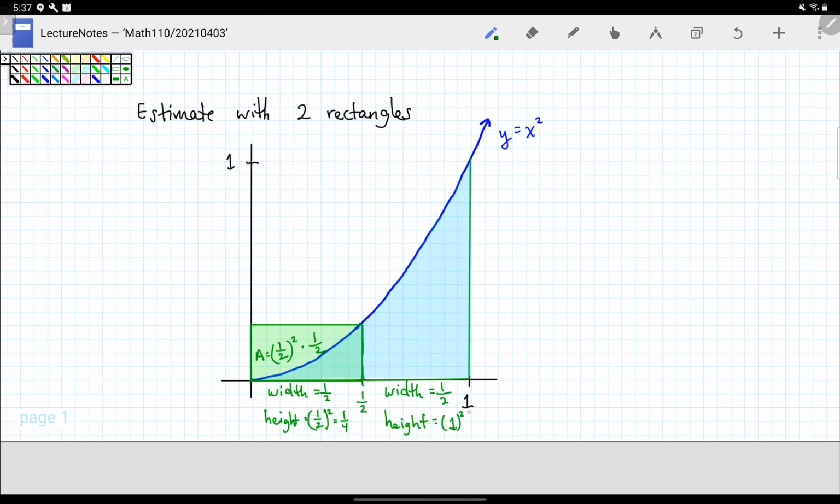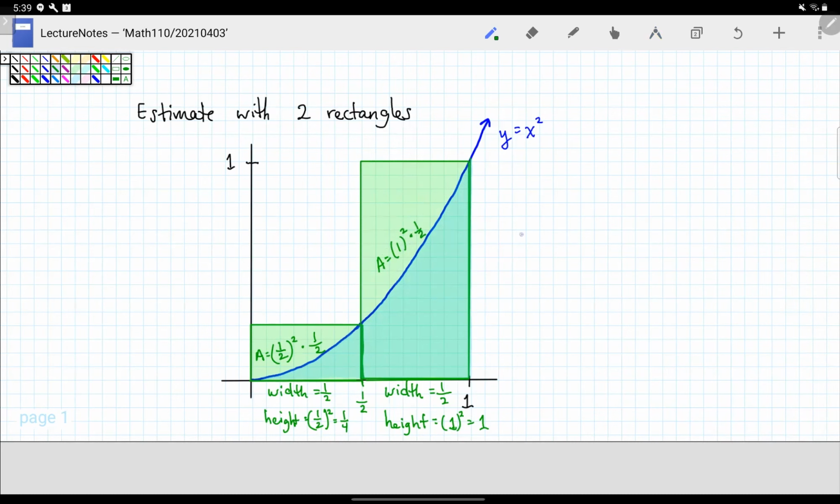I input the right endpoint of the interval, which is 1, and square that. So the area of that rectangle is 1 squared, that's the height, times the width, 1/2.